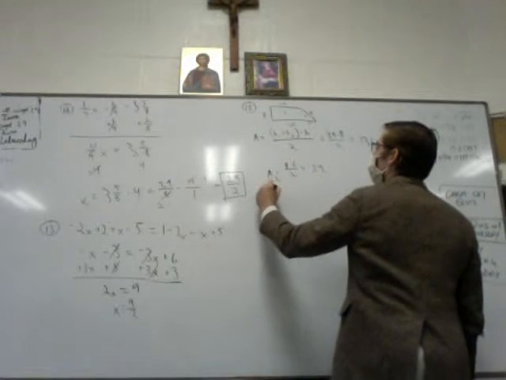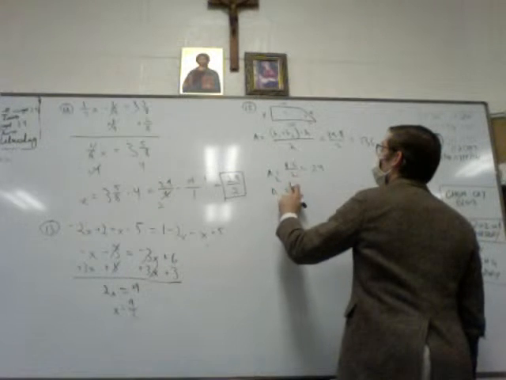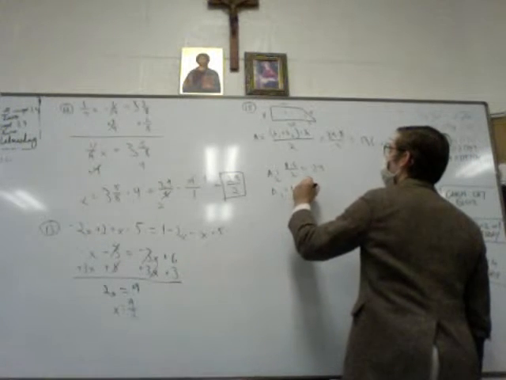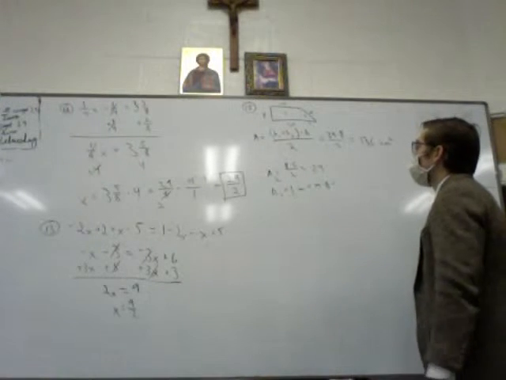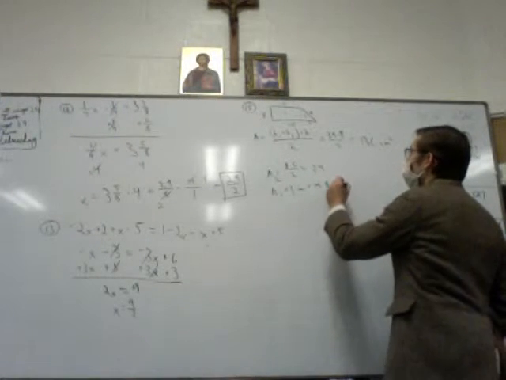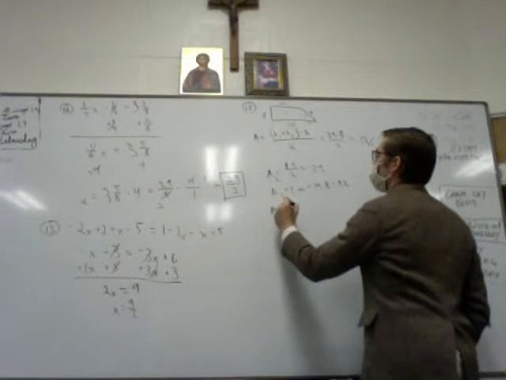And then for the rectangle, length times width, 14 times 8, which will give you 112. So the area of the whole thing is 136.